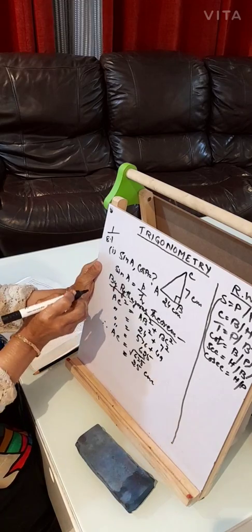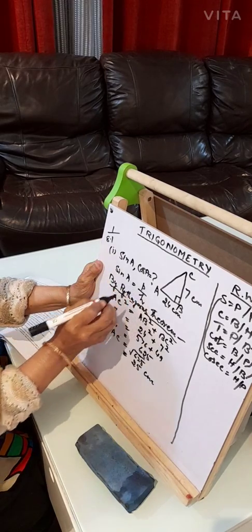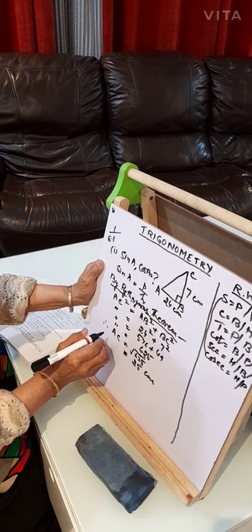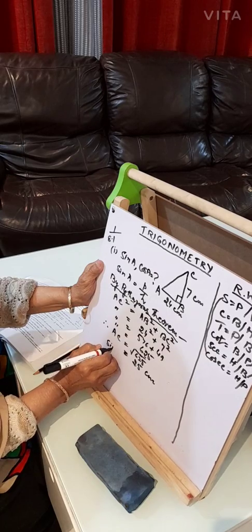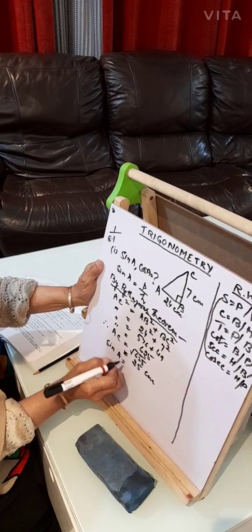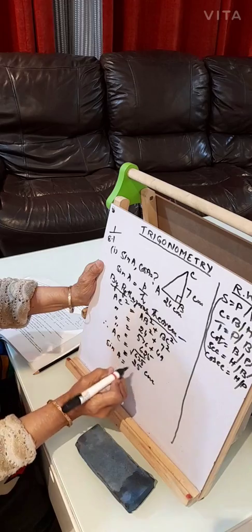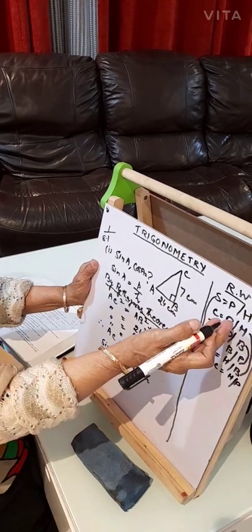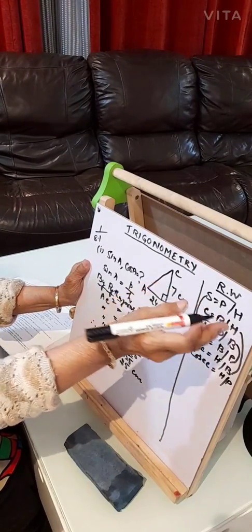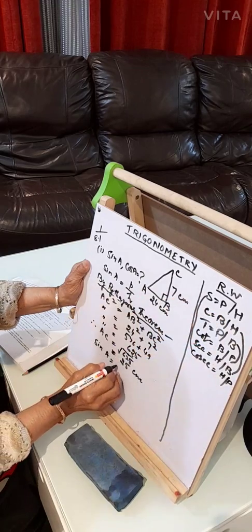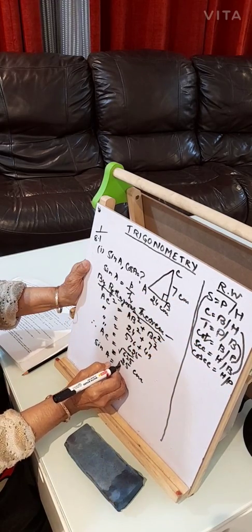What we are to find here? Number 1 is sin A, and sin A is equal to P over H. Just in no time you will write that ratio here.